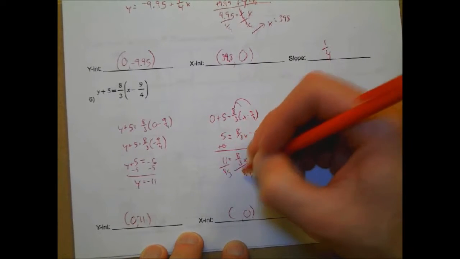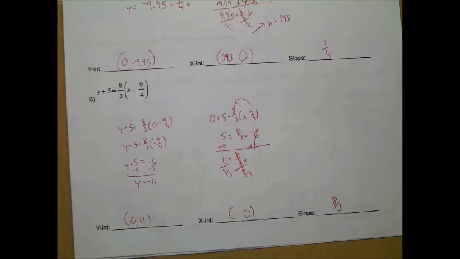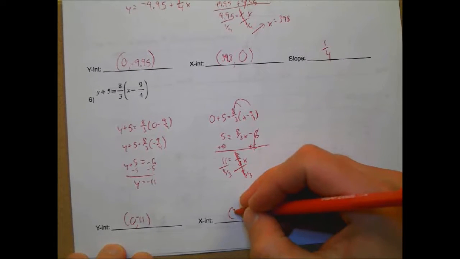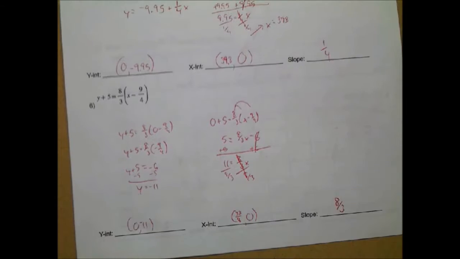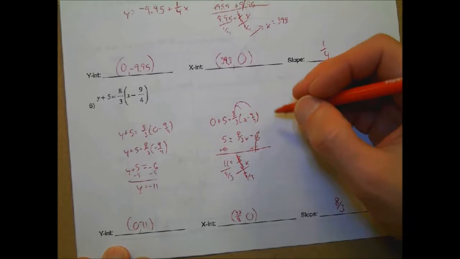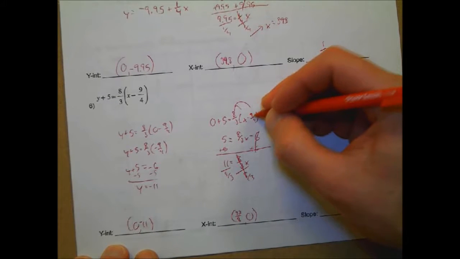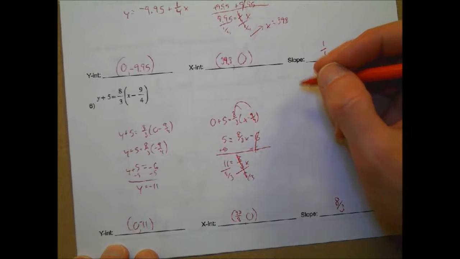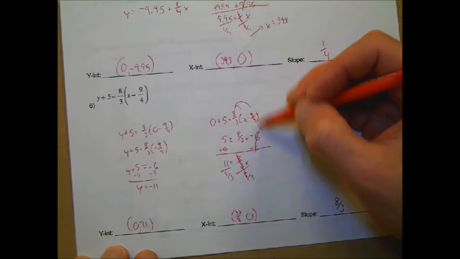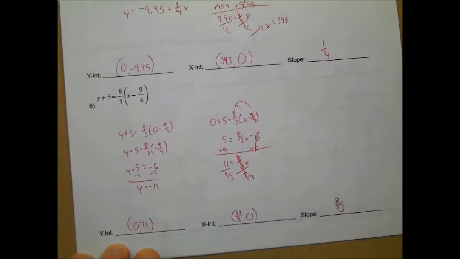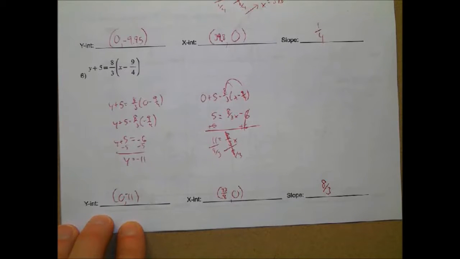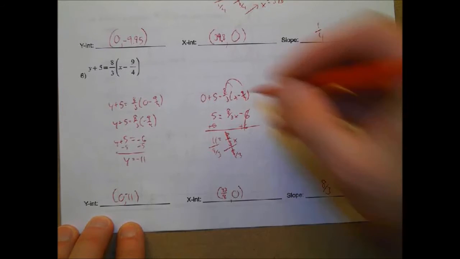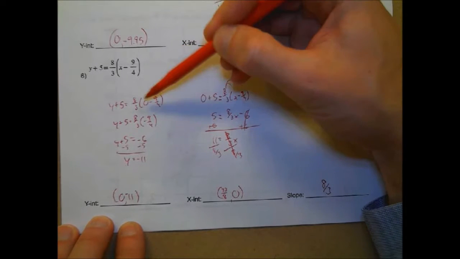Okay, and I'm trying to hurry through this because I feel like we can do the algebra. Quick question. Yeah, quick question. The first part. So if you use the distributive property, 8/3 times x and 8/3 times negative 9 over 4. Yep, you get 8/3 x, and then 8/3 times 9/4 is 6. Don't you have to use the distributive property over on the y-intercept? I didn't because I did 0 minus the 9/4. You could have if you wanted to.